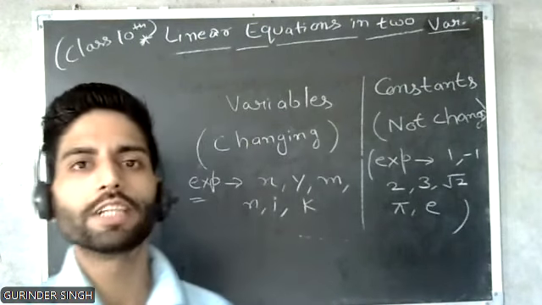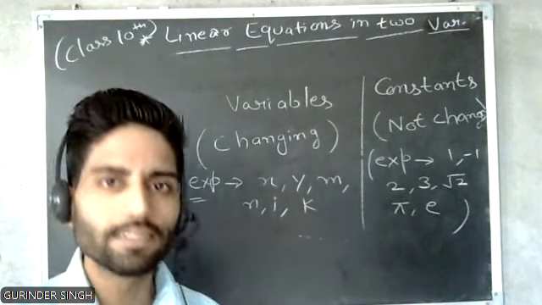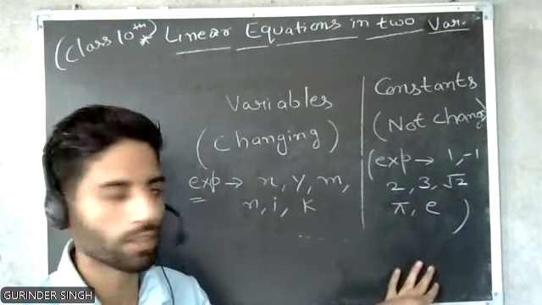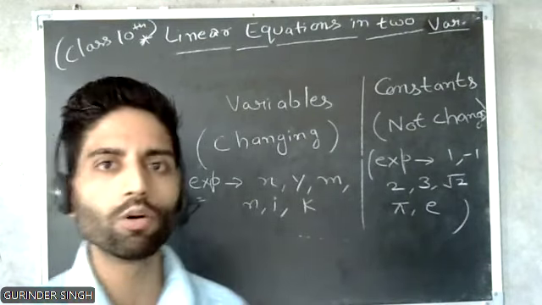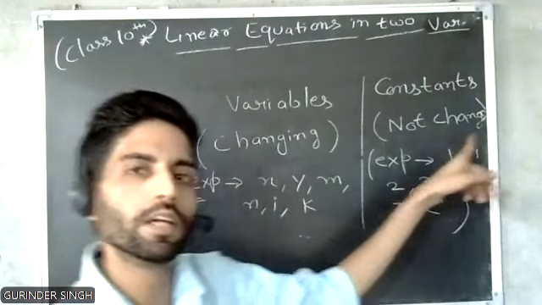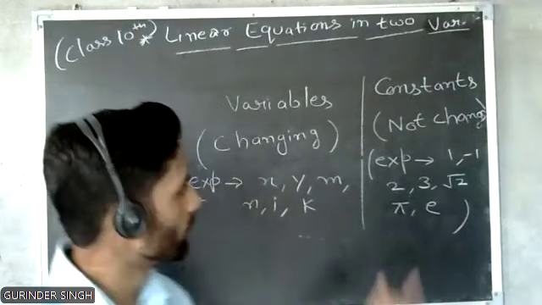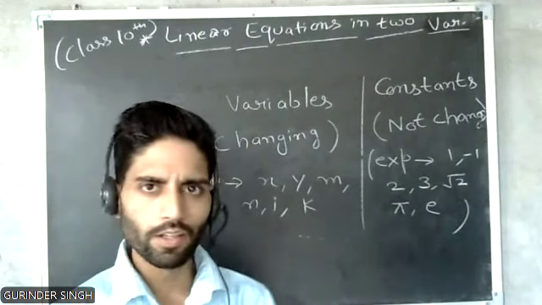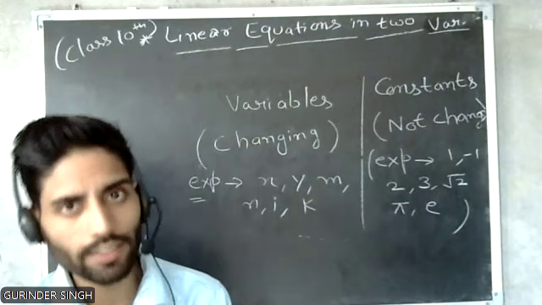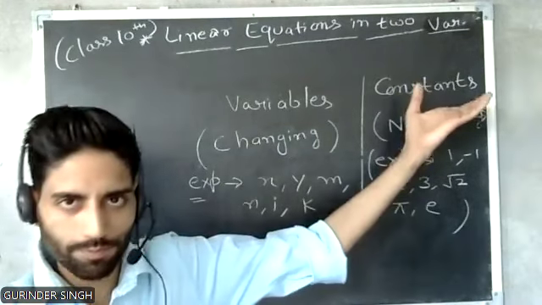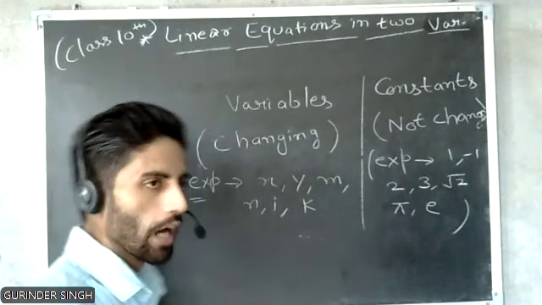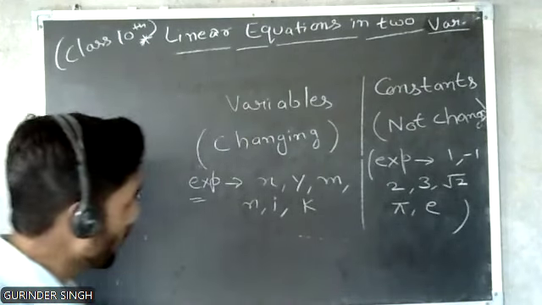They are not going to change their values in any circumstances. No matter what, the values will be the same. If I ask you what is the value of 1, then you say 1. What is the value of under root 2? Then it's under root 2. What is the value of pi? It's pi. Which is not changing, that is called constant. What is changing, that is called variables. I hope it is clear.